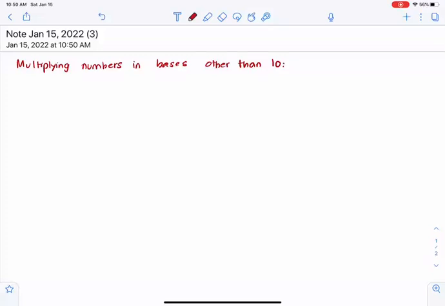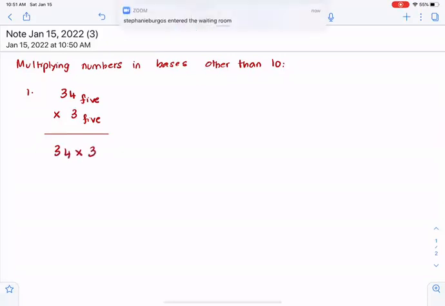So multiplying bases other than 10. So let's say we start with 34 in base 5. We multiply with 3 in base 5. So we do regular multiplication in the sense you're simply doing 34 times 3.